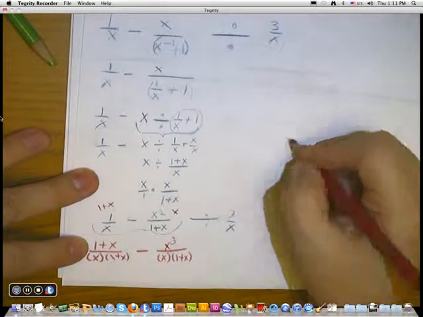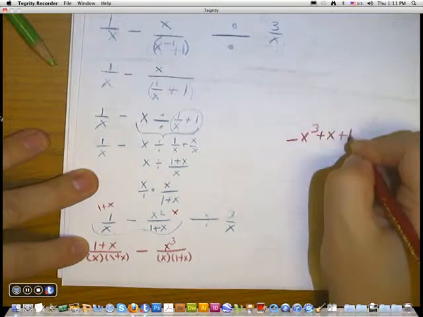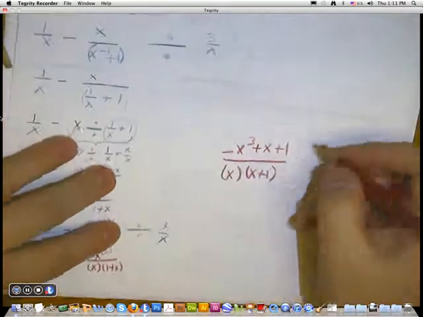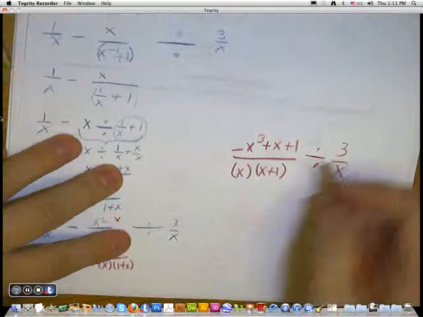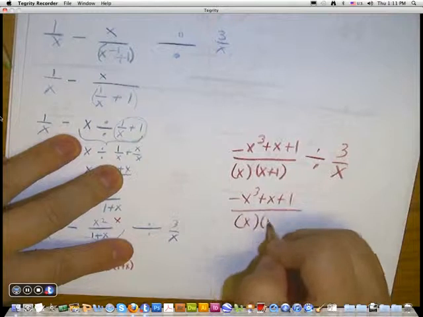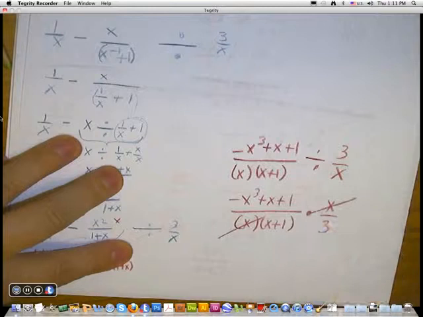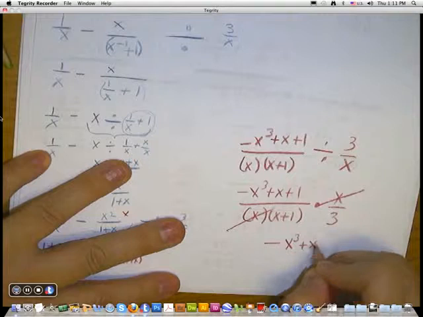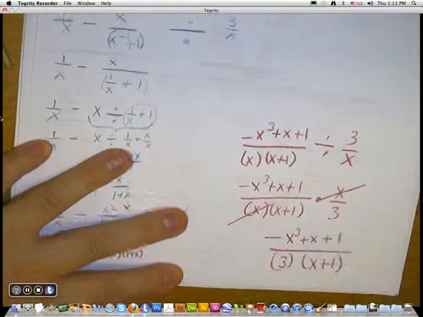So here I'm going to get negative x cubed plus x plus 1 all over x and x plus 1, divided by 3 over x. Well, that's a reciprocal, which reduces. So I get negative x cubed plus x plus 1 all over 3 and x plus 1.